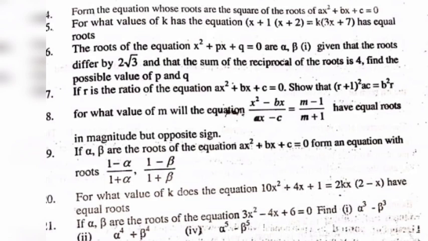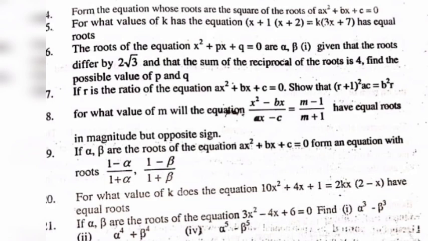Number 19 now says if these are roots of this equation, form an equation with these roots. Now these are the first set of questions that we've done, so you should know what to do also in this case. Number 20, for what values of k does the equation this have equal roots? You should know what to do also in this case.